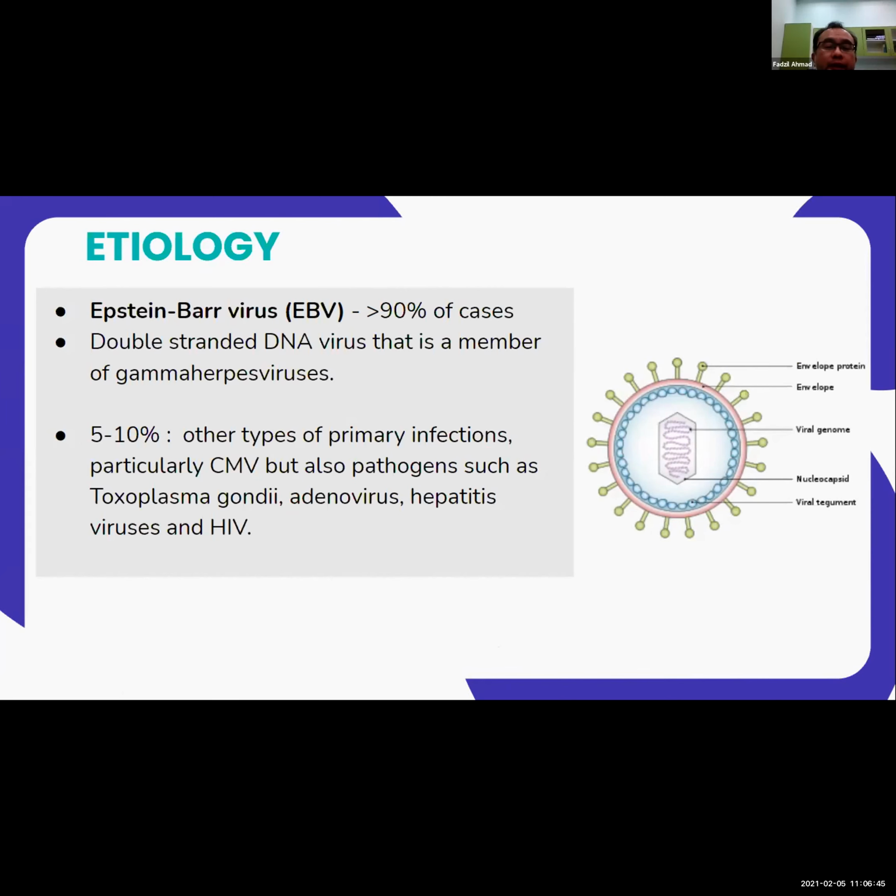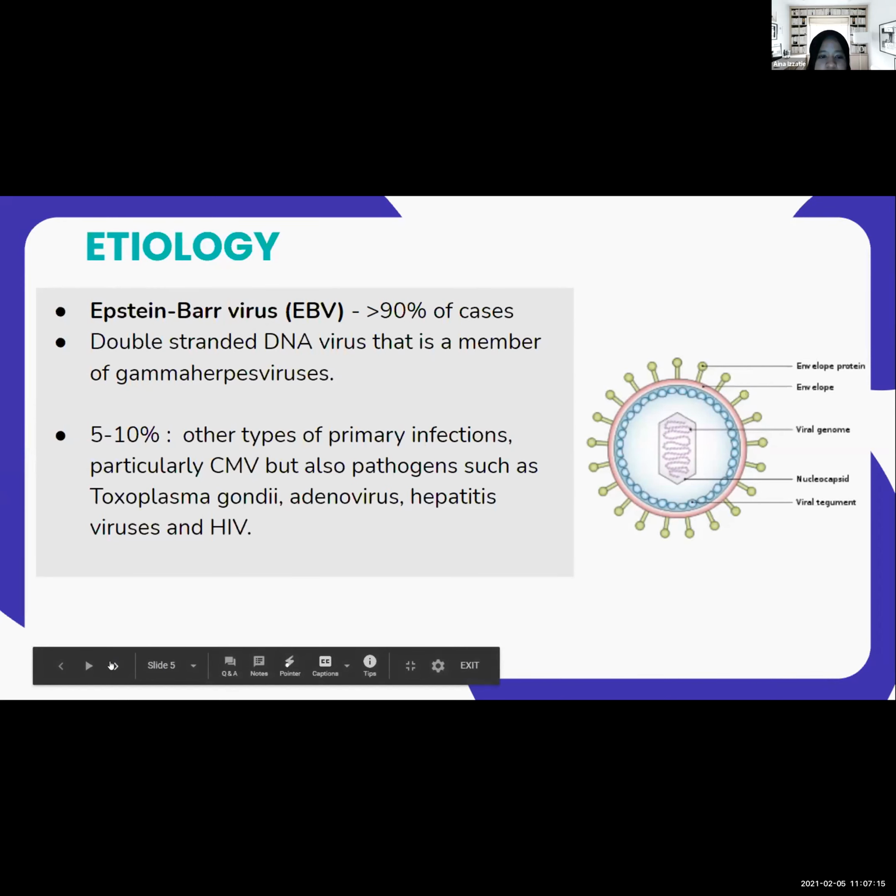Infectious mononucleosis is due to Epstein-Barr virus. The symptoms can be similar, but these other pathogens do not cause infectious mononucleosis. The differential diagnoses are because they can give us similar symptoms, but the pathophysiologies are different. Next.